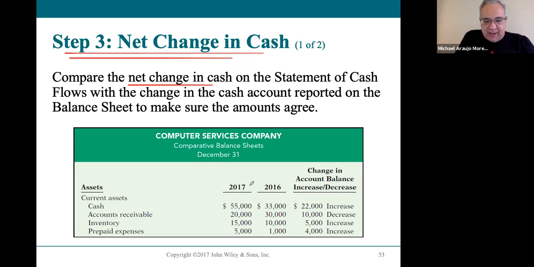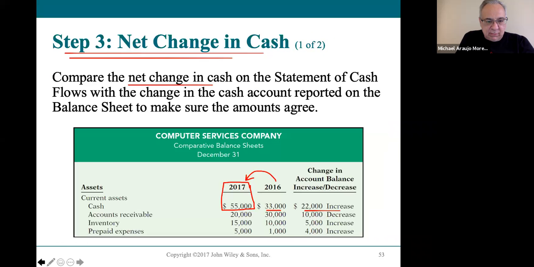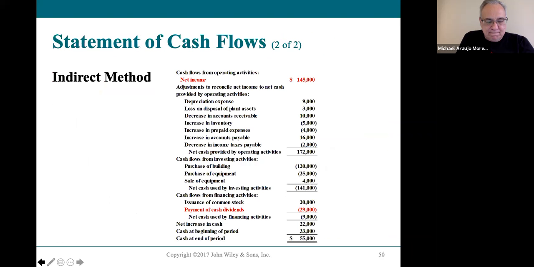Well, on the balance sheet in 2017, $55,000 in cash from $33,000. So we should see a $22,000 increase from 2016 to 2017, and the balance of cash should be 55. So let's check it out.